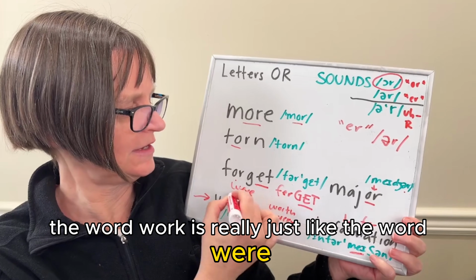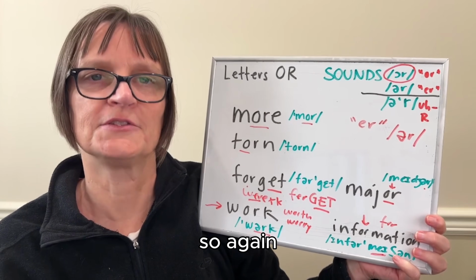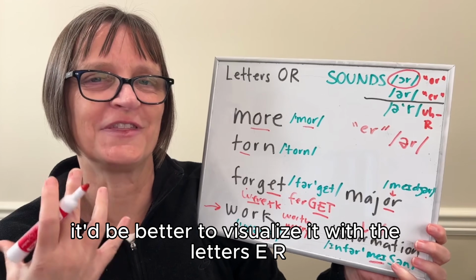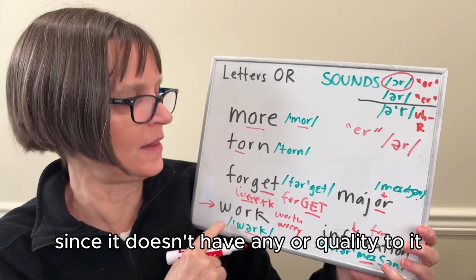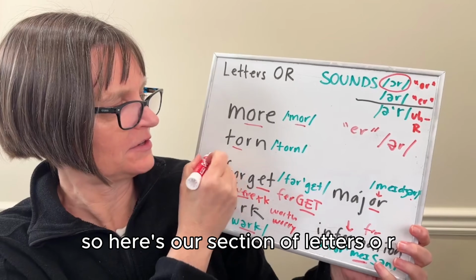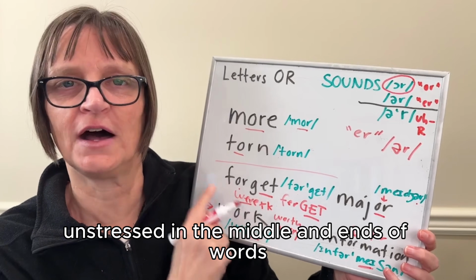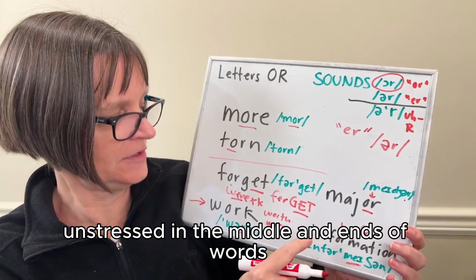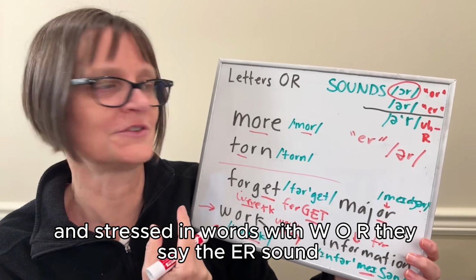The word work is really just like the word were plus a K, work. So again, it'd be better to visualize it with the letters ER if that's helpful for you, since it doesn't have any or quality to it. So here's our section of letters OR saying the er sound, unstressed in the middle and ends of words, and stressed in words with WOR. They say the er sound.